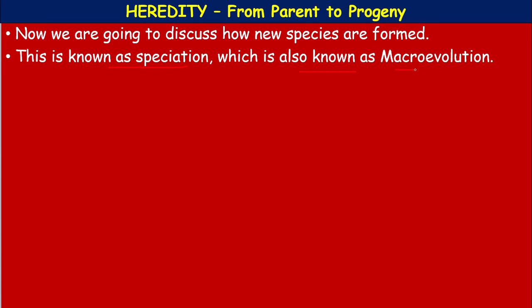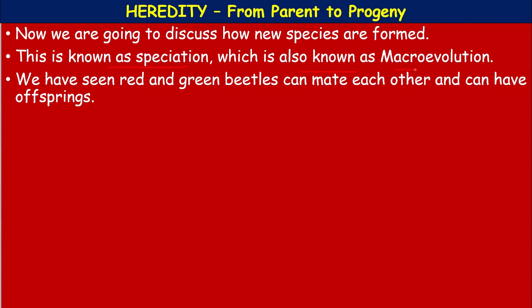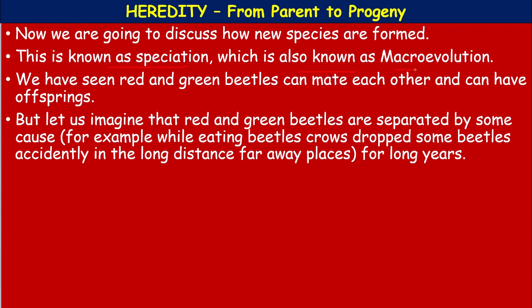Let us discuss. We have seen red and green beetles can mate with each other and have offspring, but let us imagine that the red and green beetles are separated by some cause.